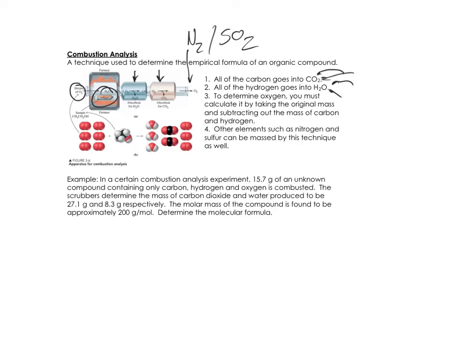So essentially, the way that we do it is, the mass of O in an organic, if it's present, is to take the other elements and do a little bit of math.